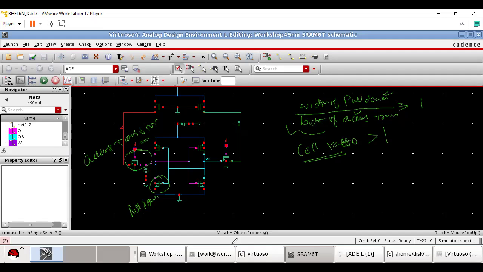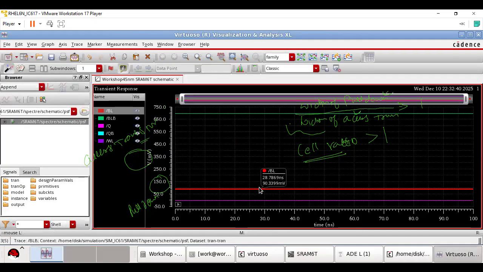It is very important that whenever you make any SRAM cell, this potential in particular, the potential at BL or the bit line which is on the side of 0 bit, should be below VDD by 4.